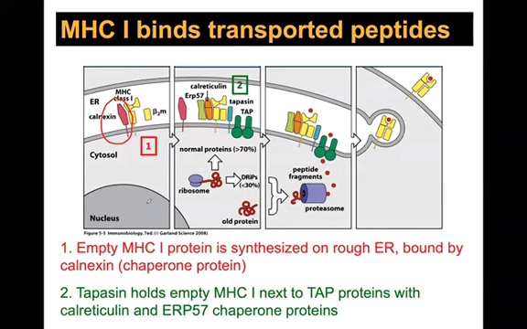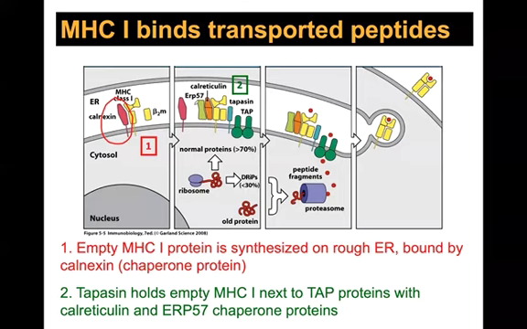The second step is that you have proteins that come in, and their job is to hold the peptide binding groove open and put that MHC next to the TAP proteins. The first protein is tapasin, and that binds to TAP and MHC1 and puts them next to each other so that the peptides coming through TAP can bind to MHC1.